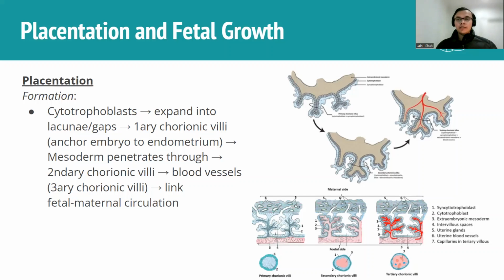And then finally, probably the most important form is the tertiary chorionic villi, where we have fetal blood vessels going through and invading through those chorionic villi. And that is what allows there to be a link between the fetal and maternal circulations to the placenta. And there's two diagrams showing that, the top and the bottom one. And the bottom one also shows a bit of a cross section, so you can see how the structure of those villi changes as it gets invaded by mesoderm first and then by blood vessels.